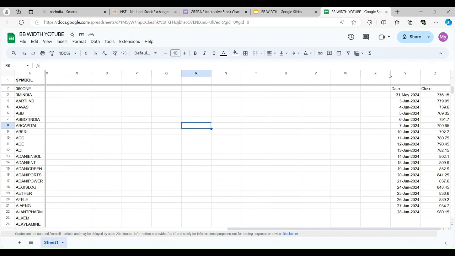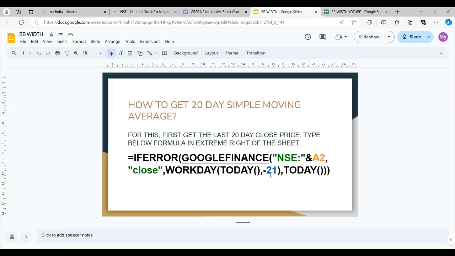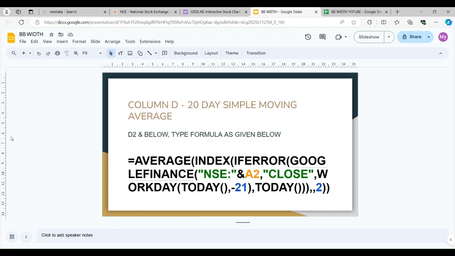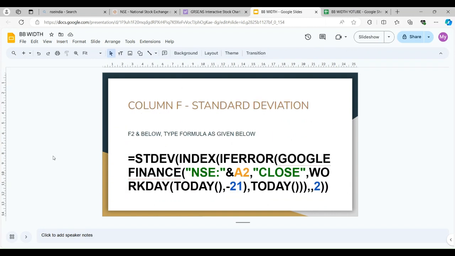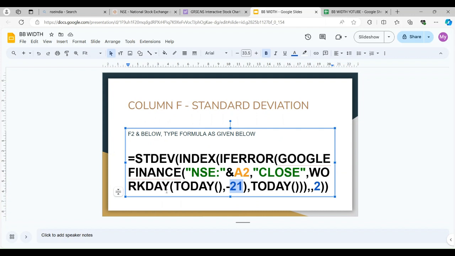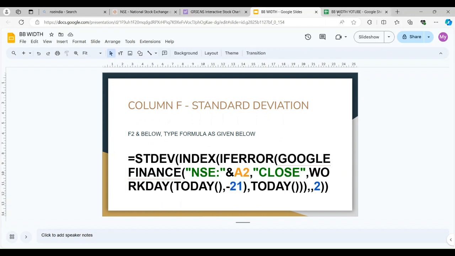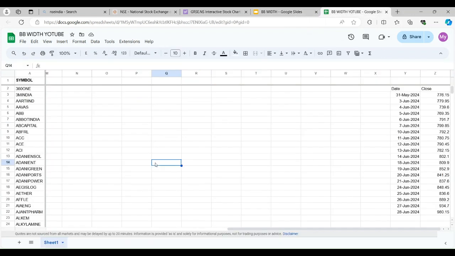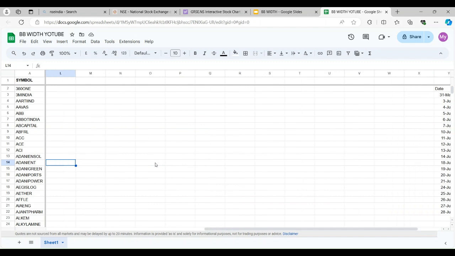And this 21 you need to update here as well, here and here. Means in standard deviation we need to update that in standard deviation and moving average.